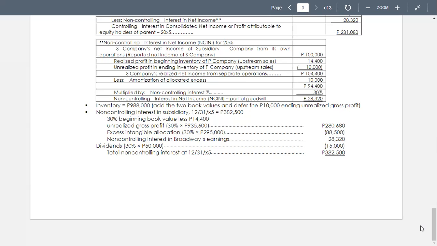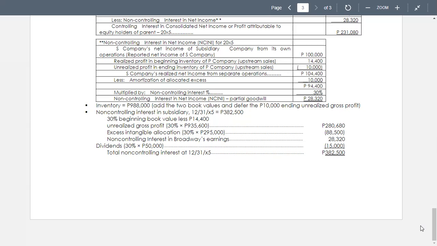So I'll repeat, these are the realized profits in beginning inventory. Downstream sales from parent to subsidiary, 414,000 times 15 over 115, so you get 54,000. Upstream sales, sales from subsidiary Salad to parent and to Tuna, 396,000 times 20 over 120, so you get 66,000.